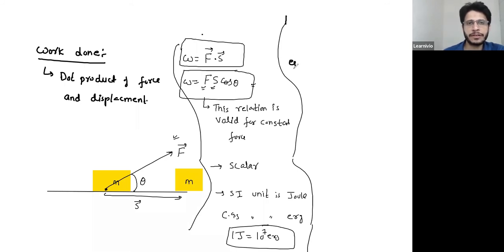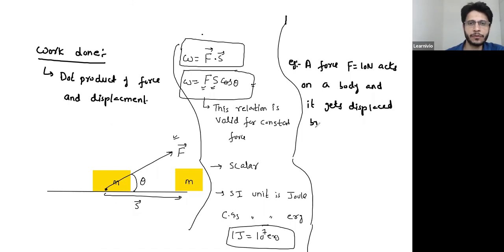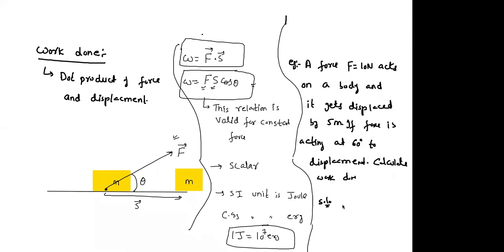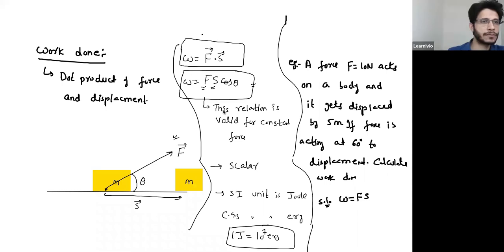Now let's take one simple example to calculate work done. Your work done is Fs cos 60.